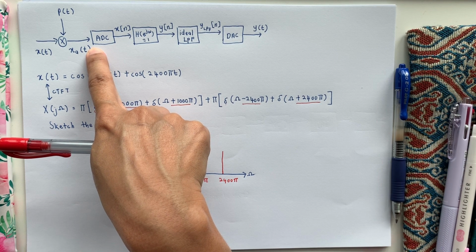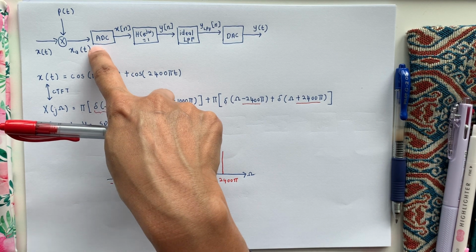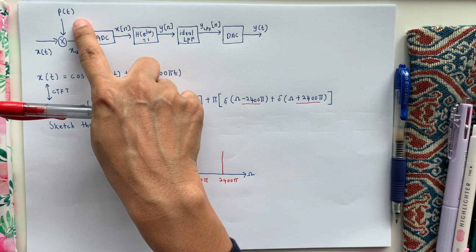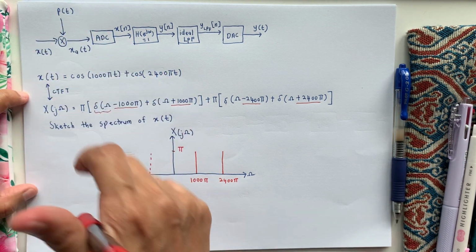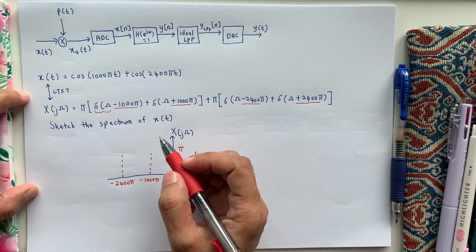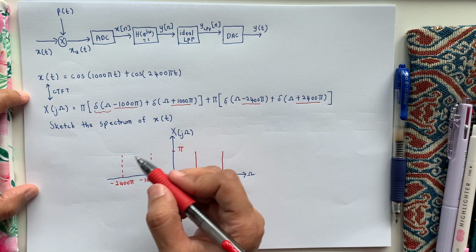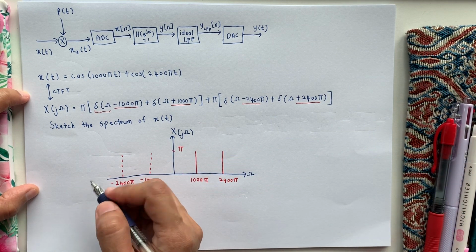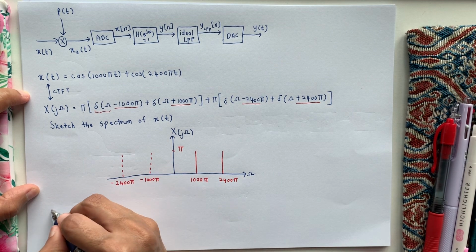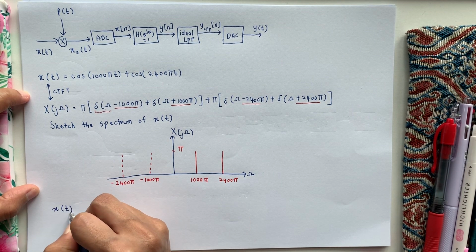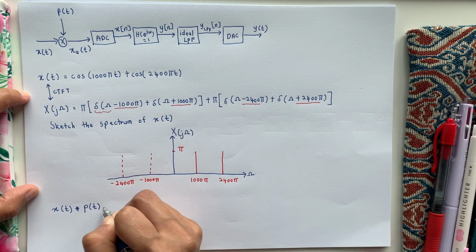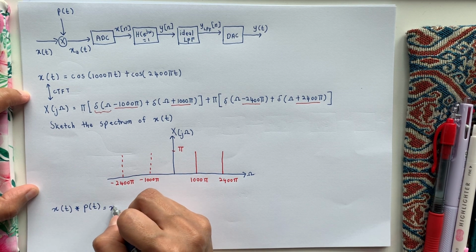When you convolve your input signal with the impulse train, you will have xat.